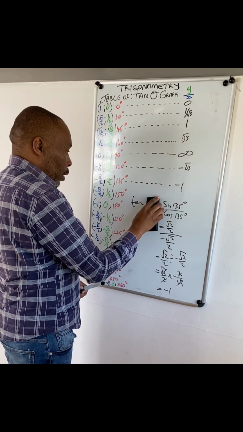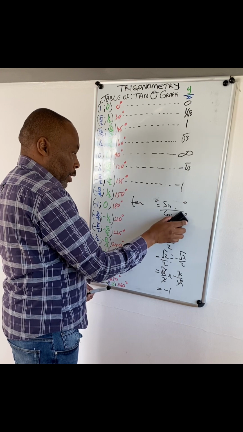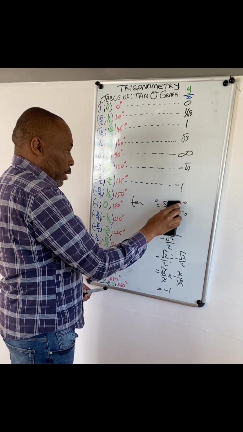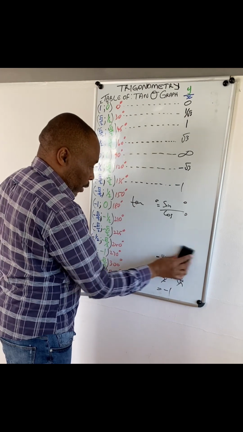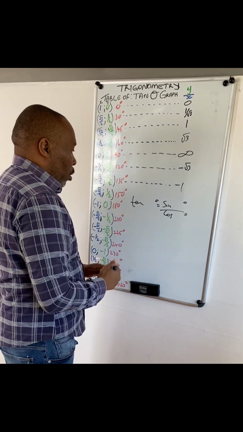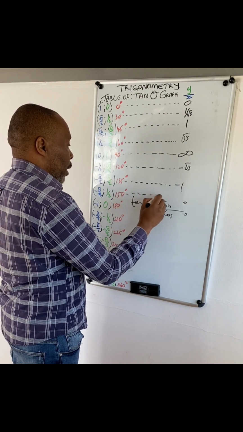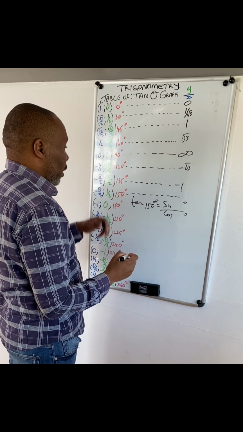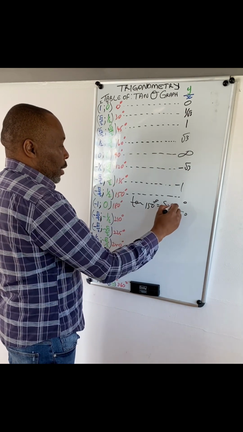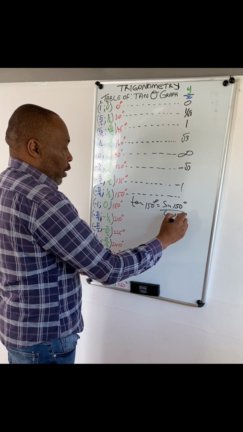Let me do this here and just wipe these. Okay, so we are at 150, tan 150. We did 135. Tan 150 degrees is equal to sine 150 degrees over cos 150 degrees.